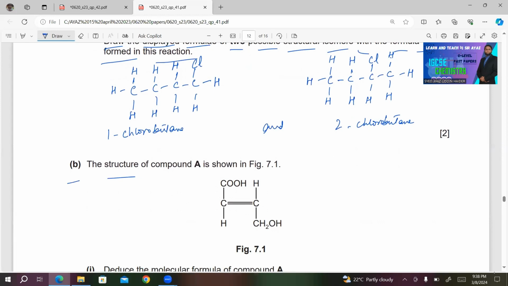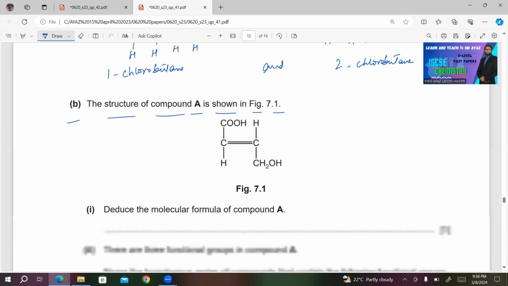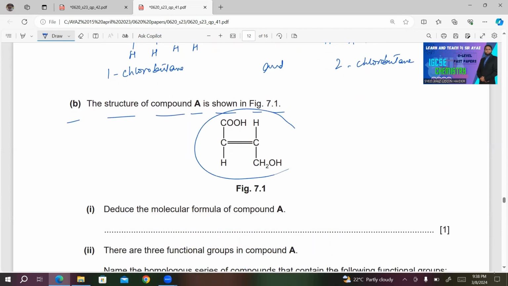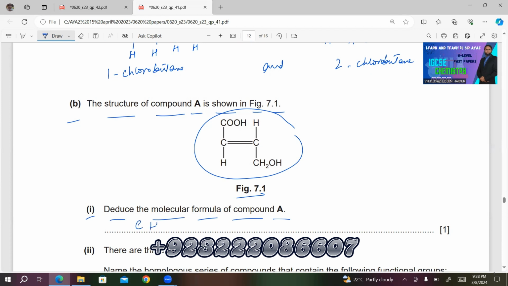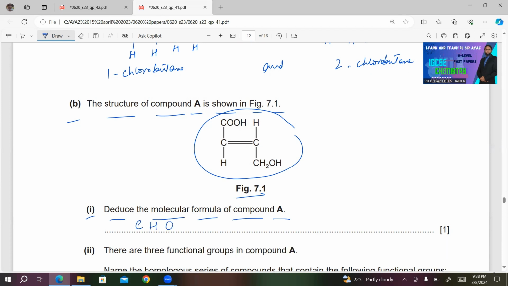B. The structure of compound A is shown in figure 7.1. This is the structure of compound A, figure 7.1. Number 1, deduce the molecular formula of compound A. Molecular formula. So we have C, hydrogen and oxygen in it. Let's count the number of atoms for each element.